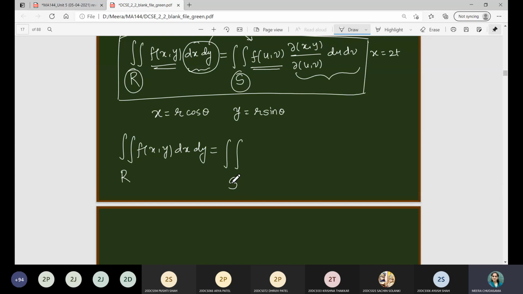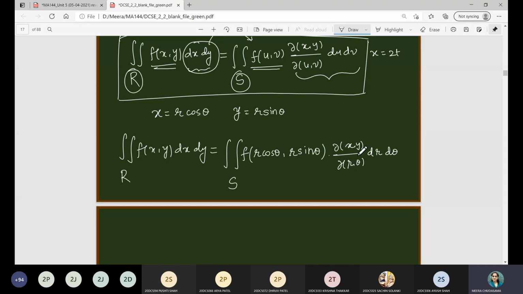The x, y limits have to be changed in terms of r and theta. And f of what x we have chosen, r cos theta, r sin theta, which is y, dx dy will be nothing but del x y with del r and theta dr d theta.